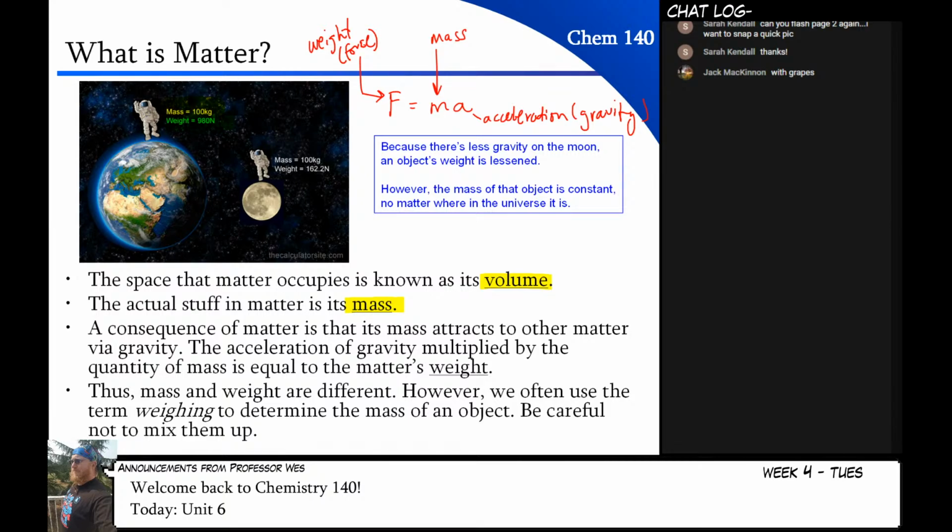The takeaway is that if you want to know how much matter something has, getting its weight is not satisfactory, because weight is subject to gravity, which changes depending on where you are. If you weigh yourself on the moon, you're going to have a different weight than if you weigh yourself on Earth. Likewise, if you weigh yourself in Death Valley, you might have a very slightly different weight than if you weighed yourself in, say, Nepal, somewhere with a really high elevation.